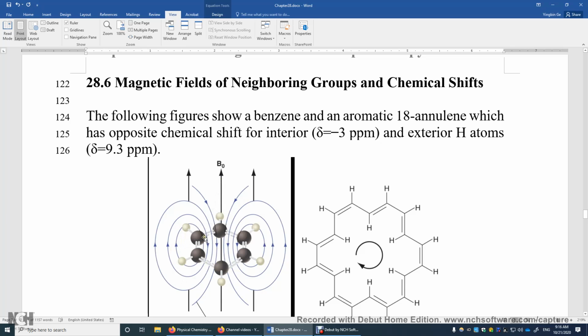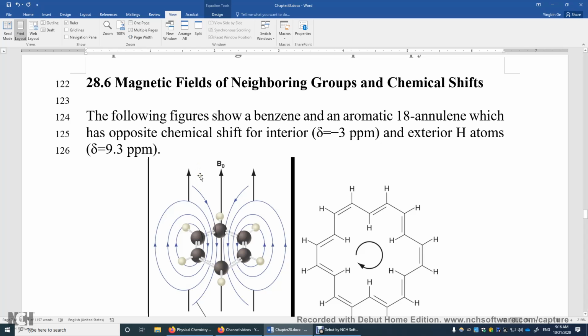But outside, this direction is the same as the external magnetic field. Because of this, the hydrogen atoms, they are outside the ring, so they actually overall have a smaller sigma than many other organic compounds.